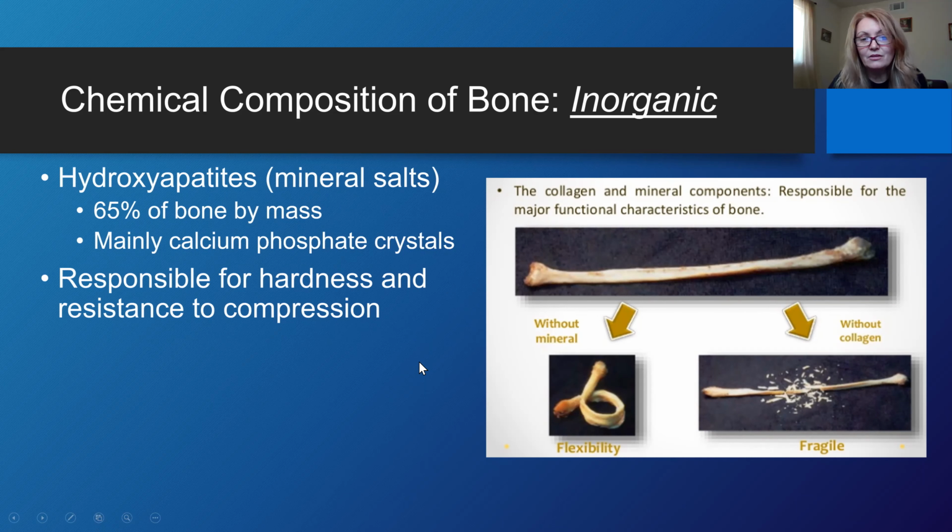So on this diagram, you would see that your bone is really a perfect combination of these organic and inorganic parts. Without minerals, it would be too flexible, and without collagen, that is organic part, it would be too fragile. So that's why collagen and mineral compounds are responsible for major functional characteristics of bone.